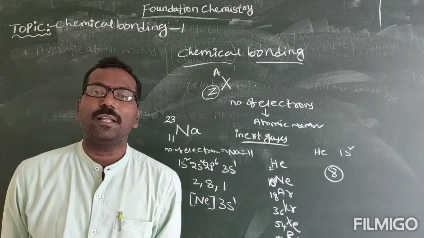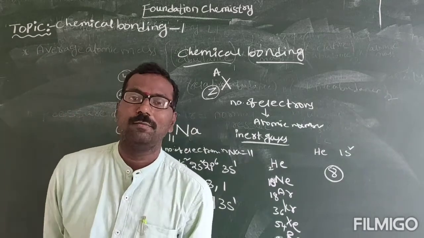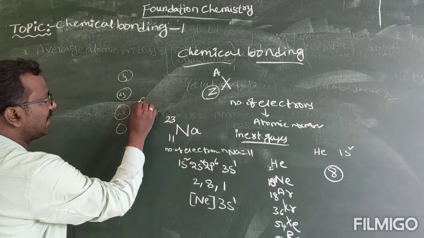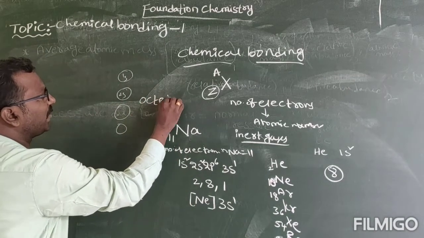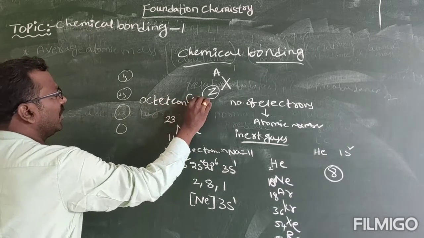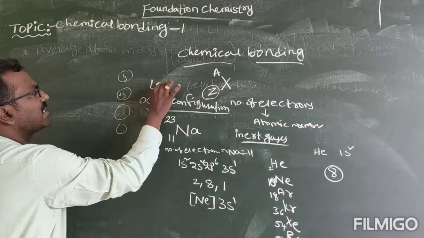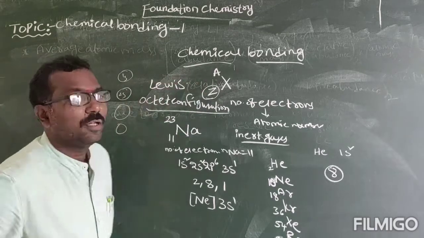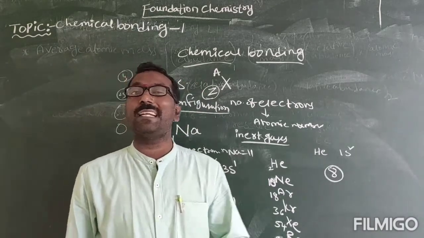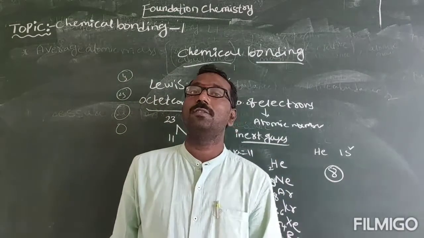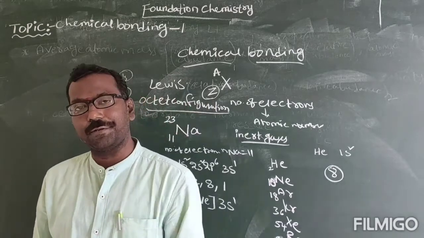Getting 8 electrons in the valency shell is called octet configuration, and Lewis confirmed that elements which have 8 electrons in their valency shell are stable in nature.